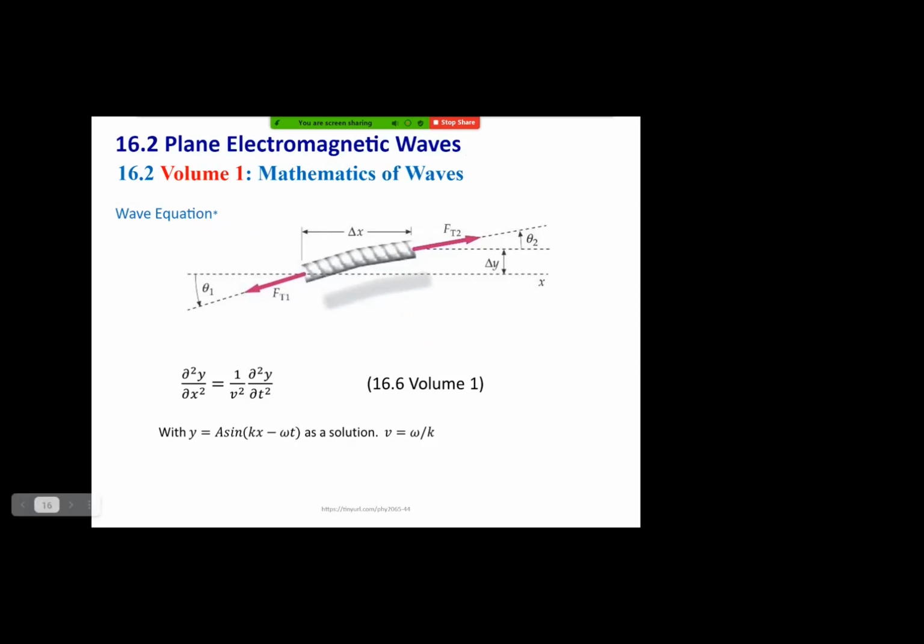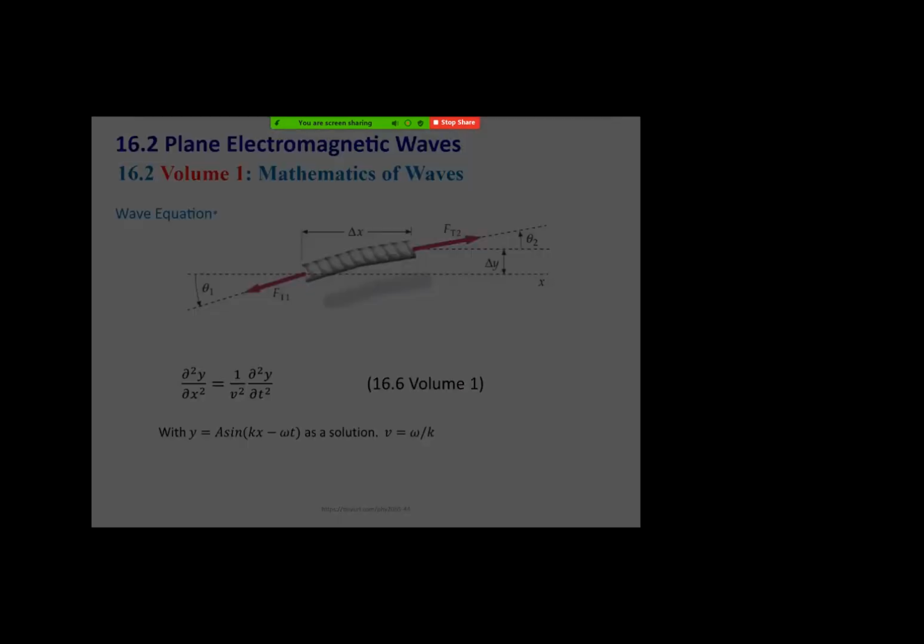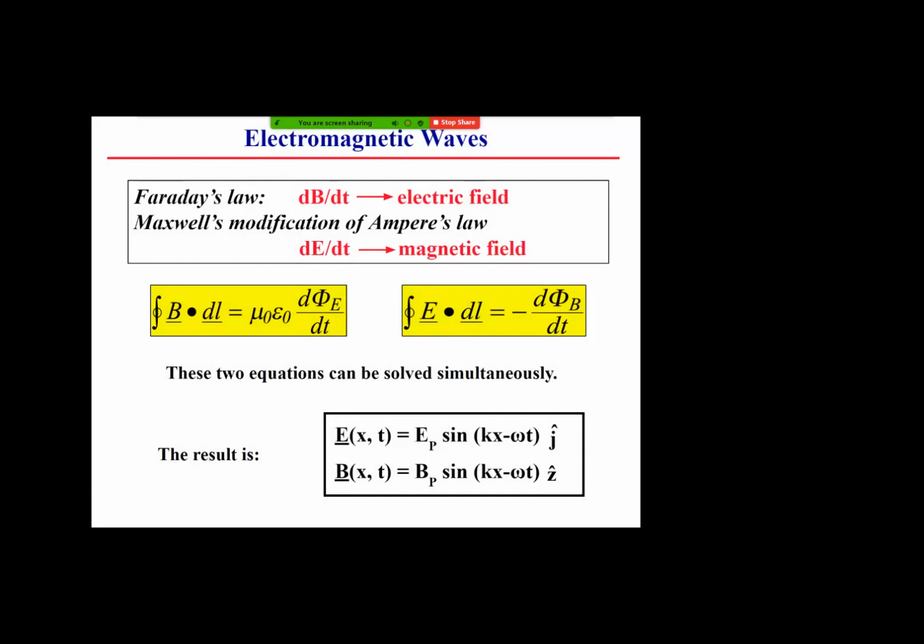You can have a sine function or cosine function as a solution for this wave function. Then applying this wave function to an electromagnetic wave, you can get the solutions to the wave function.